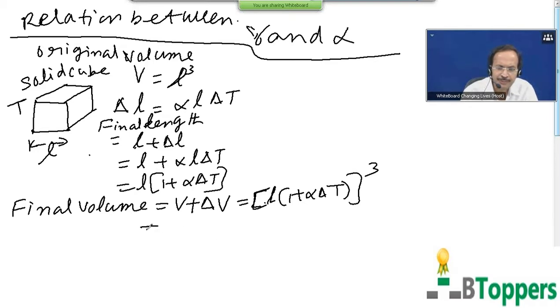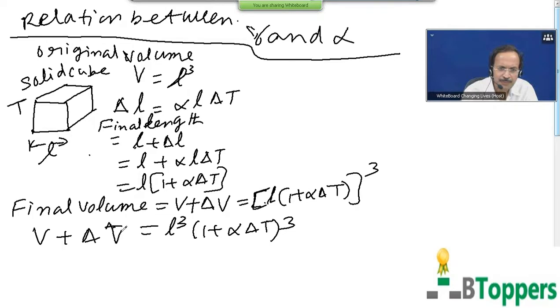This you can write as L cube into 1 plus alpha into delta T whole cube. On the left side you can write original volume V plus delta V, the final volume.